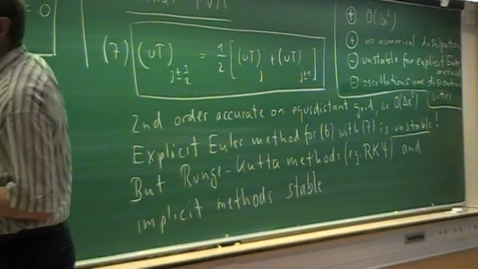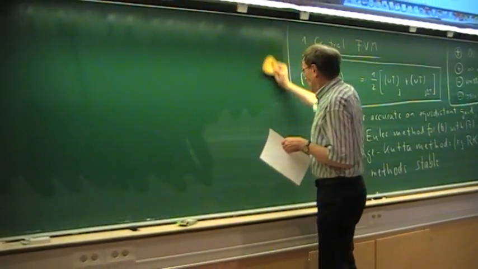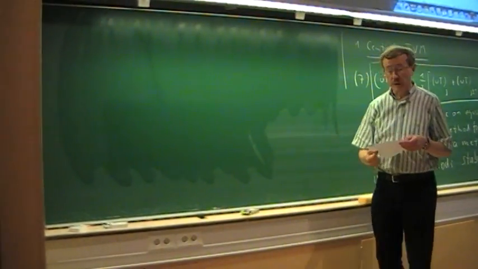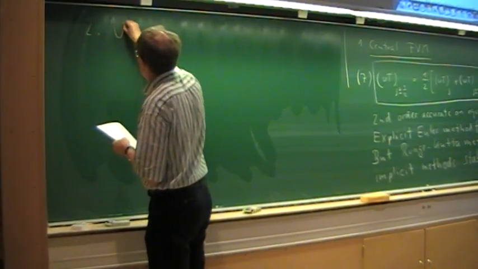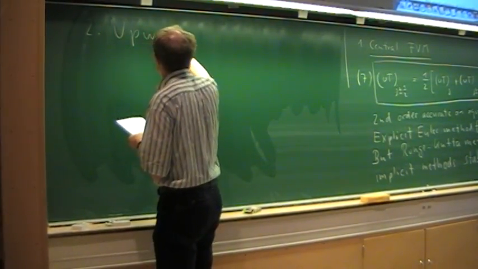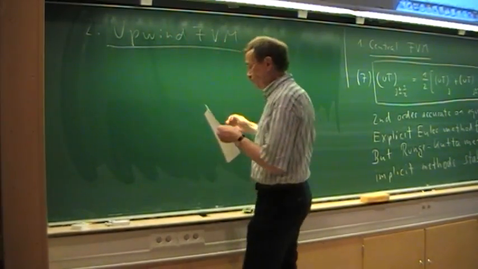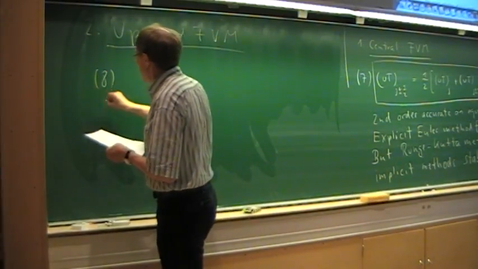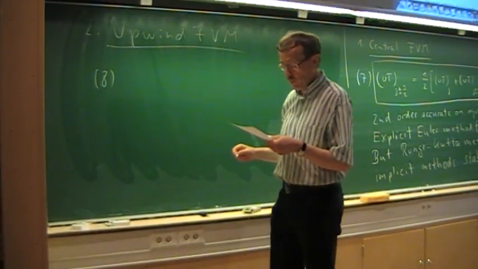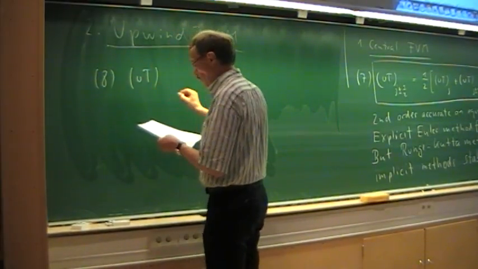that we shall also test later on in exercise 3, and that is called the Upwind finite volume method. So that is similar to what we have seen for the finite difference method, but here we can now also give other arguments for it.